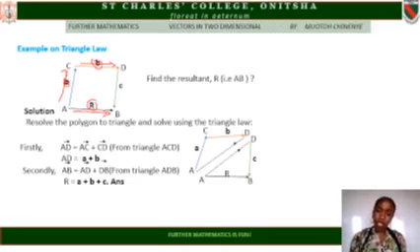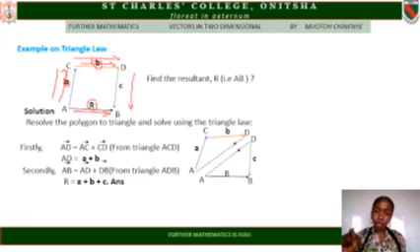Then secondly, in the next triangle, we have triangle ADB. With this triangle ADB, we now end at finding the resultant, which is the question itself. To get this vector AB, which is the resultant, we move from A and stop at D, and then move from D again and stop at B. Moving from A to D is called vector AD.